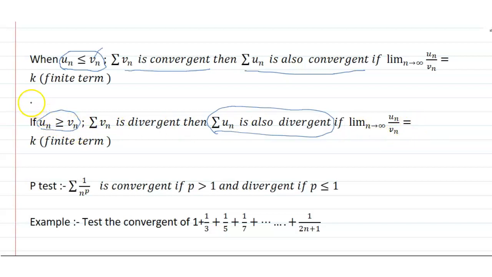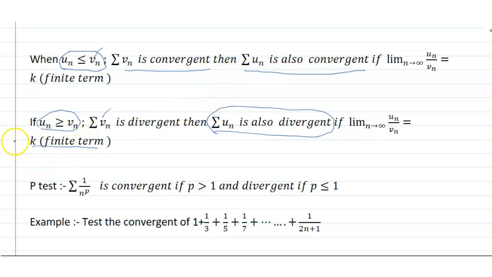So friends, these are my total conditions. If vn is divergent, then vn is smaller than un, and when vn is convergent, vn is greater than un. If vn is divergent, then un is divergent. If vn is convergent, then un is also convergent when vn is greater than un.